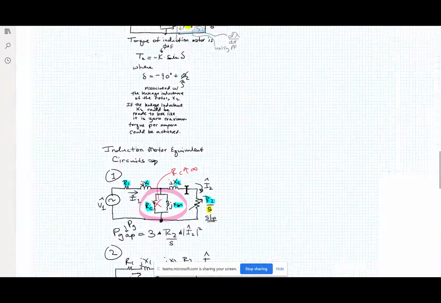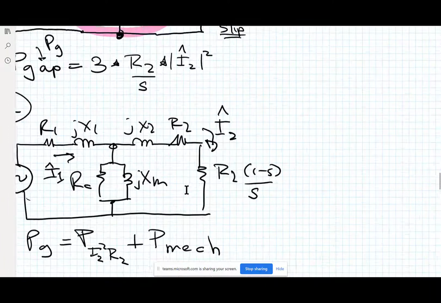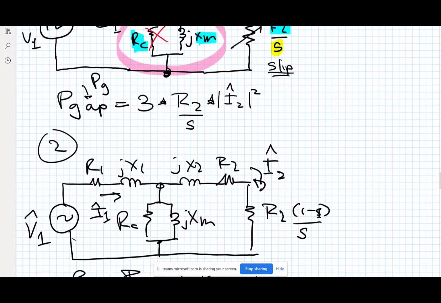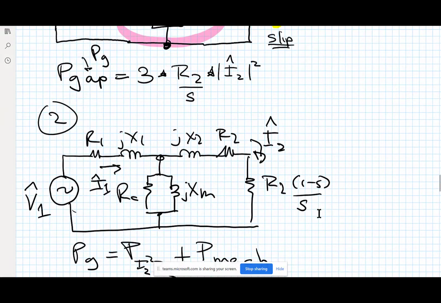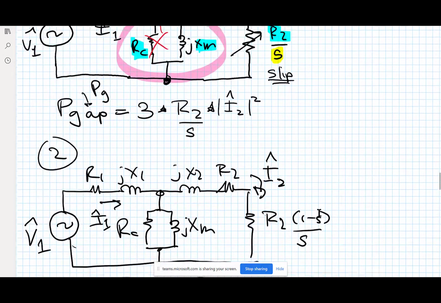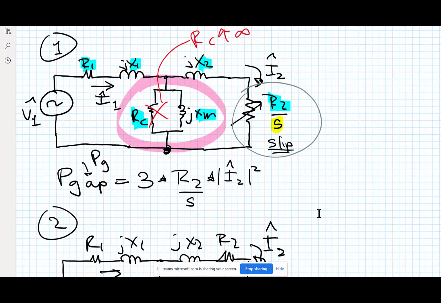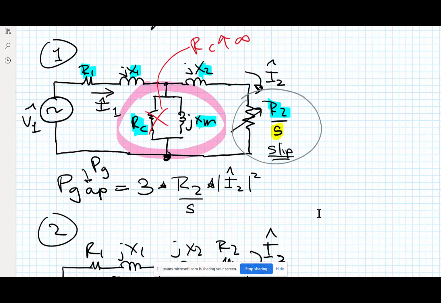Now, let's go to this. We introduced this circuit. Now, talking about losses, which DeAndre gave me a good segue into, there's a second version of this circuit, which we derived last time, which breaks out the losses from this term right here on the rotor side. So if we think about what we are doing here, we're providing a power.